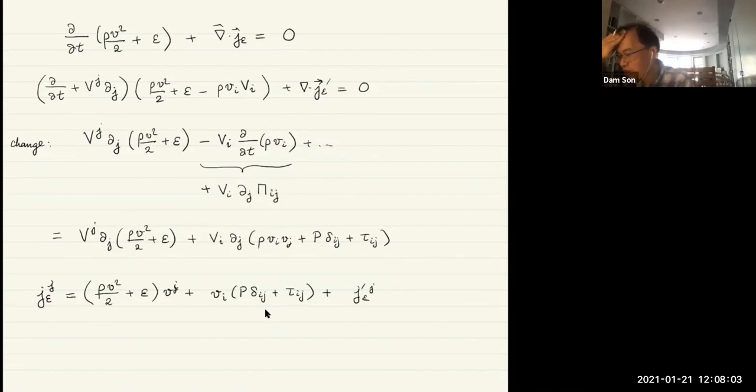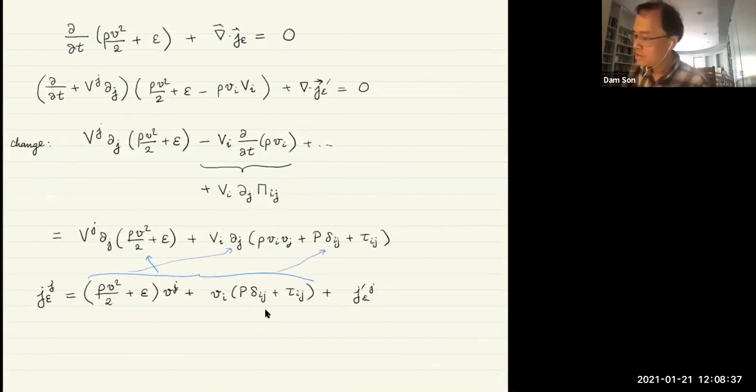You can check that if you do a Galilean transform on what I've written here, the Galilean boost simply shifts the velocity v, and you cancel all these terms. You shift Vj by minus capital Vj, you cancel that term. Inside here is rho v squared. You shift that v here, cancel out this term. So this last term also cancels that term here.